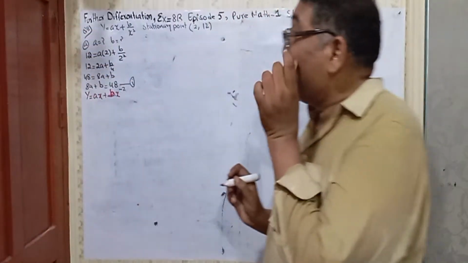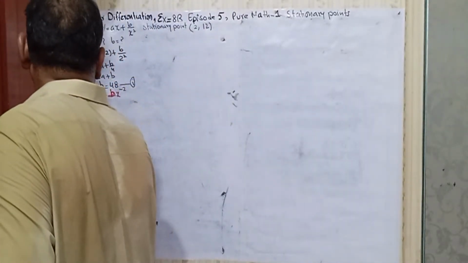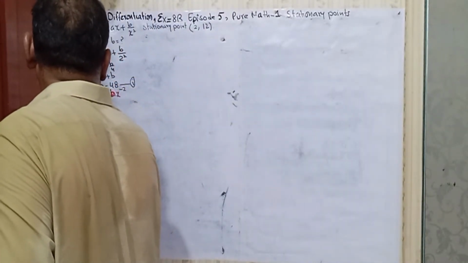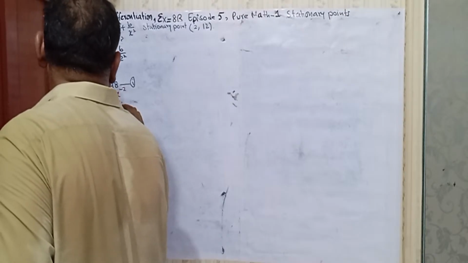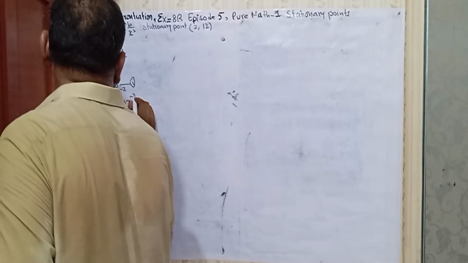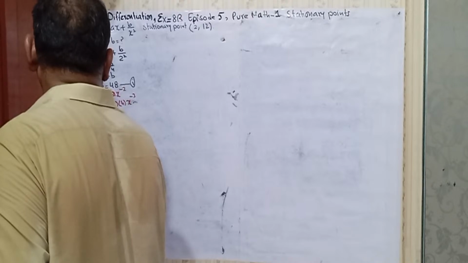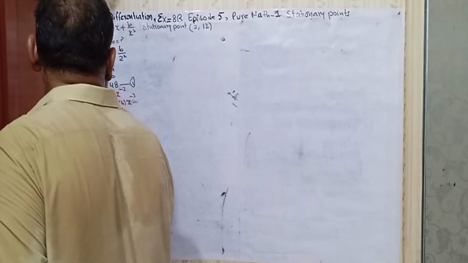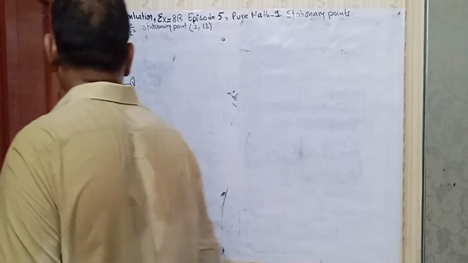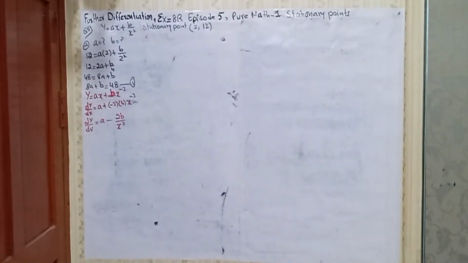Differentiating, dy/dx equals a plus minus 2 times b times x to the power minus 3. So dy/dx equals a minus 2b divided by x cubed. This is the expression for the derivative in terms of a and b.